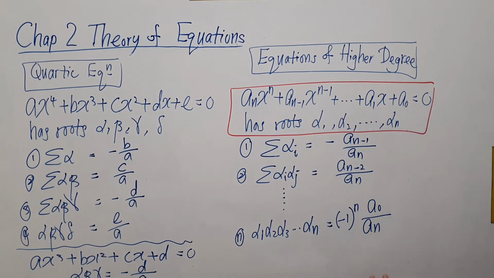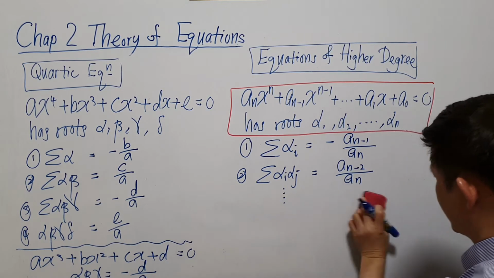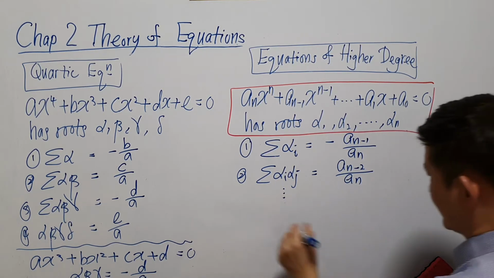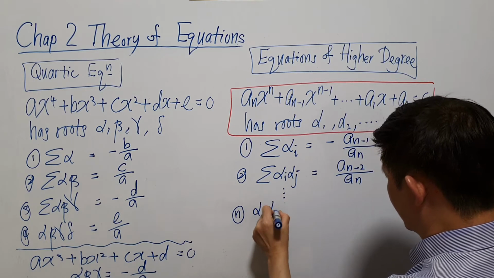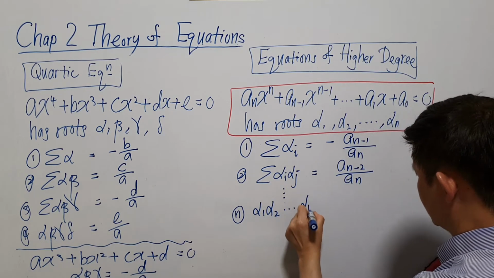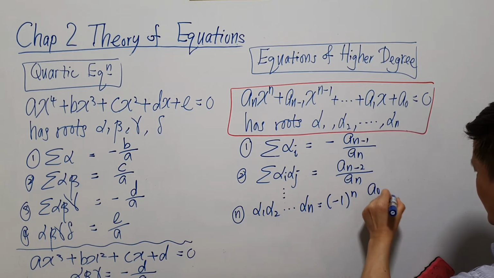Your notes has it again, about the new equation whose roots are the reciprocals. Maybe I squeeze here, because I didn't have enough space. So I'm going to write down again: there's going to be minus 1, the last over the first.